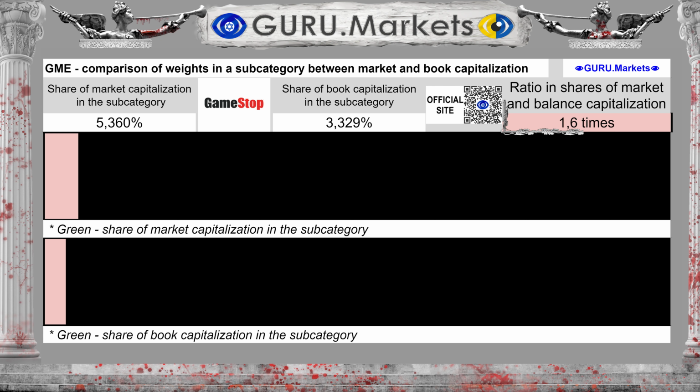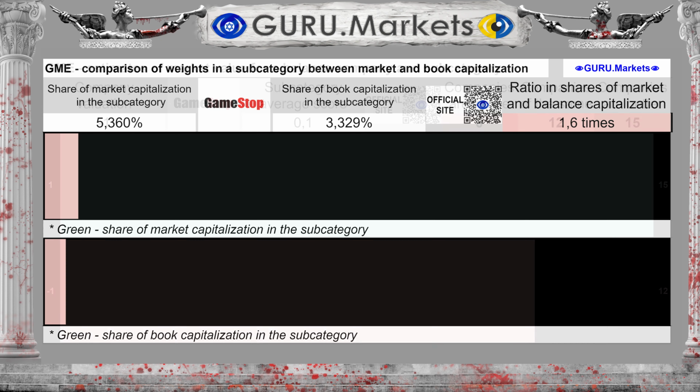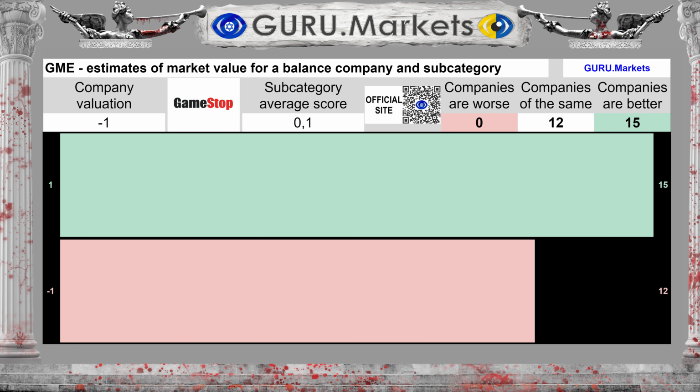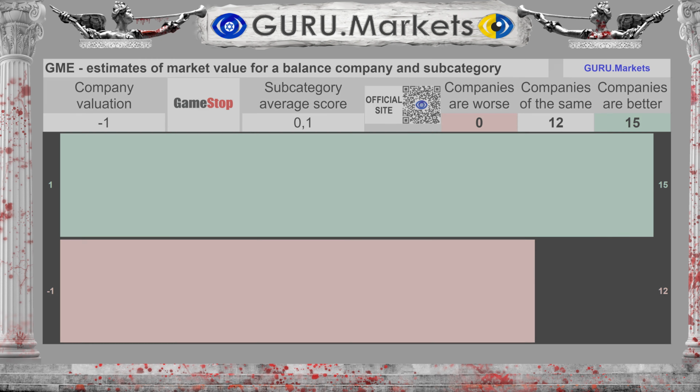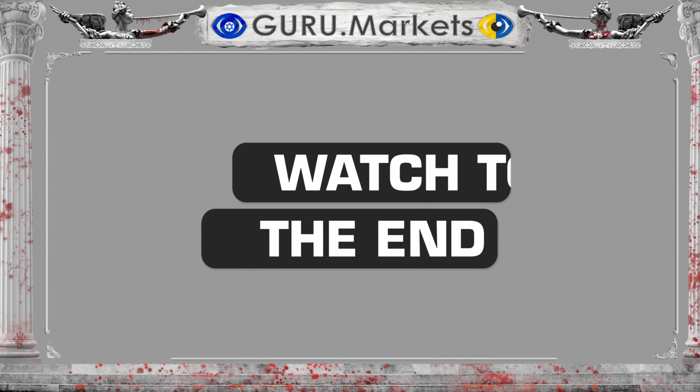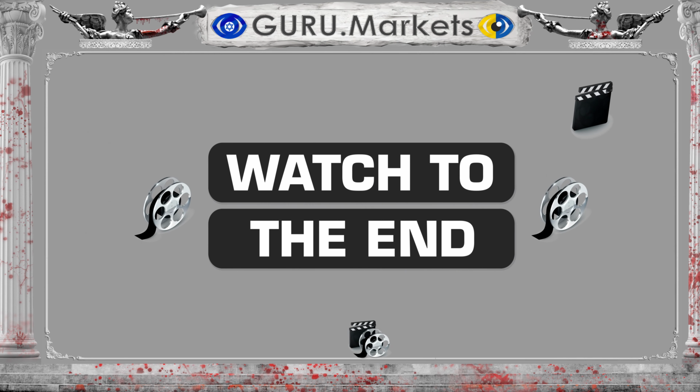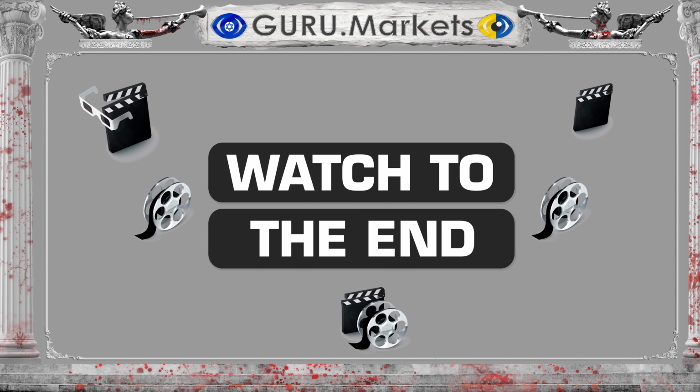This is 38% less than the share of market value. Assessment of the organization's share of the market and balance sheet capitalization of the subcategory: Bad, -1 point. The final company assessment of GameStop Corporation will be demonstrated at the very end of the review. Please look at the progress of the study in full.